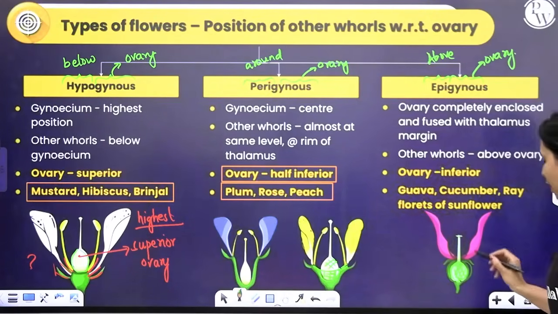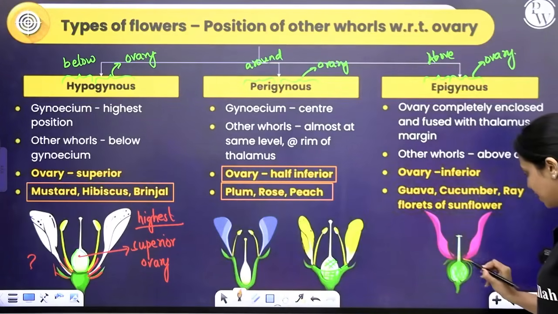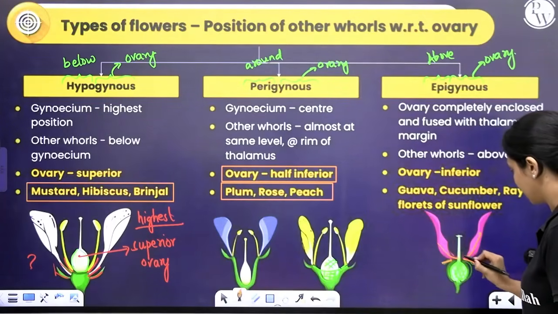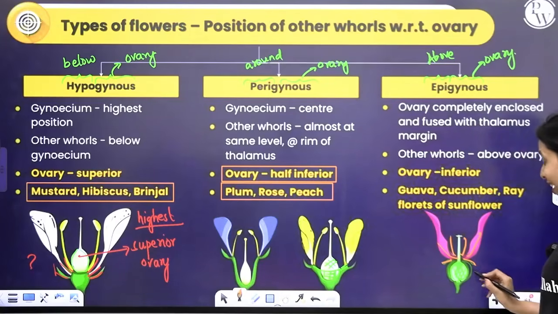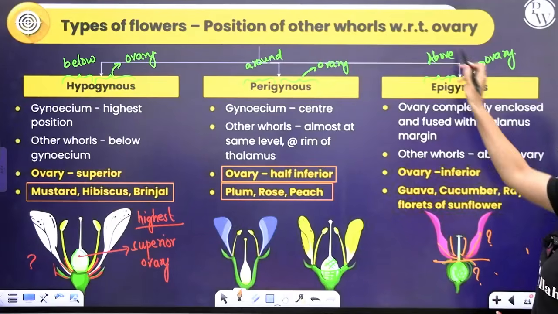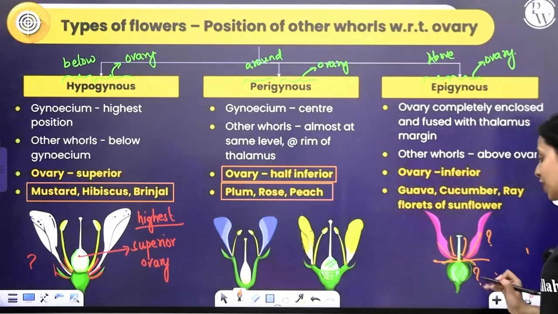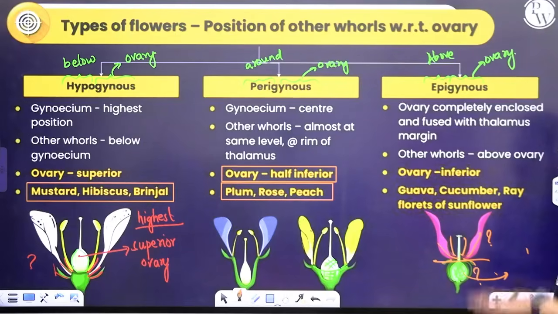So here, where are the other whorls arising from? You have the sepals here, the petals here, the stamens here. In comparison with the position of the ovary, where are the other whorls arising from? They are arising from above the level of the ovary. Since the other whorls are arising from above the ovary, you call it epigynous. Now, what is the position of the ovary here? The ovary is occupying the lowest position.